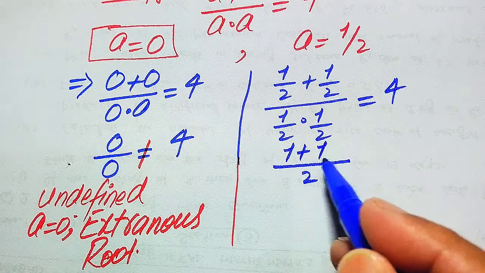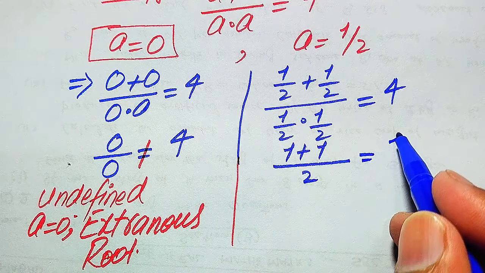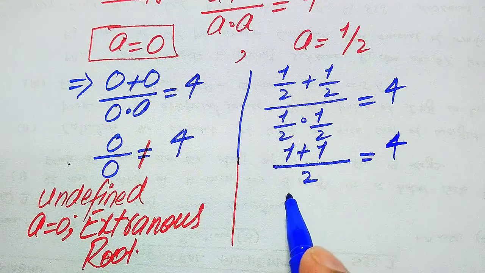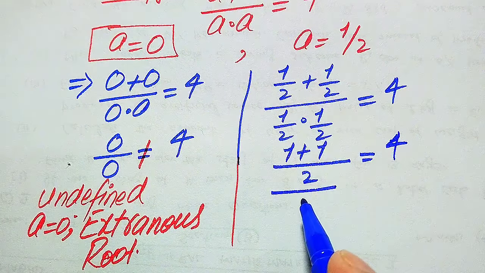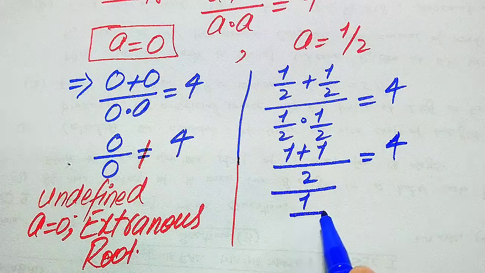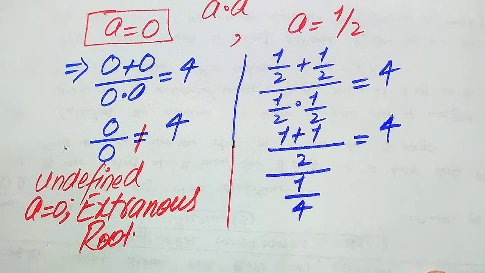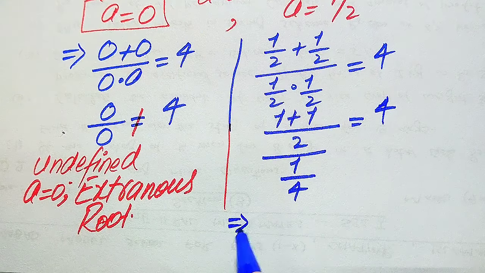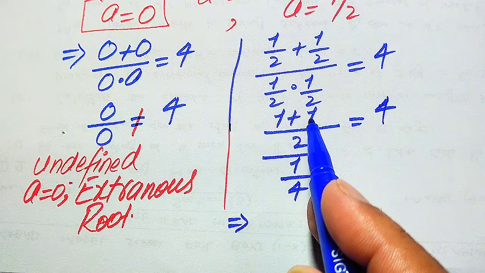We get 1 plus 1 equals 4, divided by 1 times 1 which is 1, and 2 times 2 which is 4.